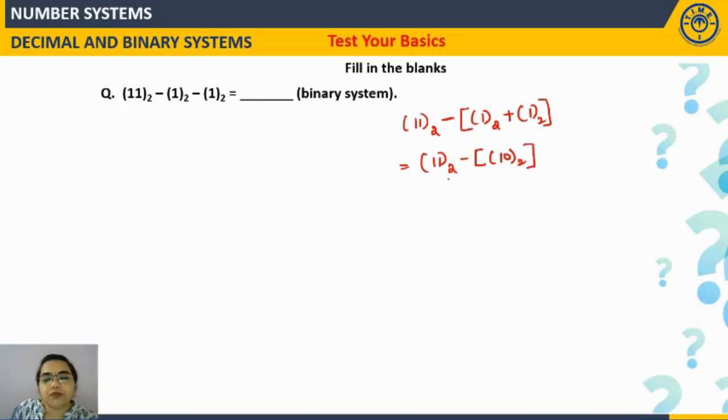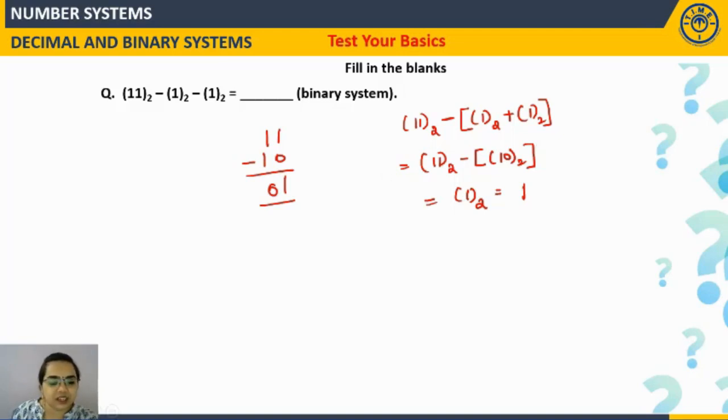Next, what do you have? 11 to the base 2 minus 10 to the base 2. Okay, let's see. 1 1 minus 1 0. 1 minus 0 is 1. 1 minus 1 is 0. So what are you left with? You are left with 1 to the base 2, which is nothing but 1, either in decimal or the binary system, because we know 0 and 1 are the same in both decimal and binary systems.